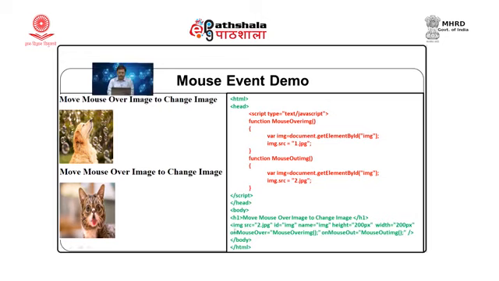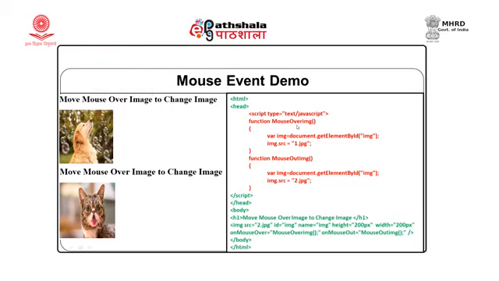Here we have one image initially set to 2.jpg, which is this dog image, and its height and width we set, and on mouseover I call this function mouseOverImage, and on mouseout I call this function mouseOutImage.